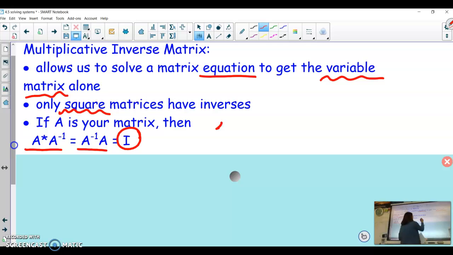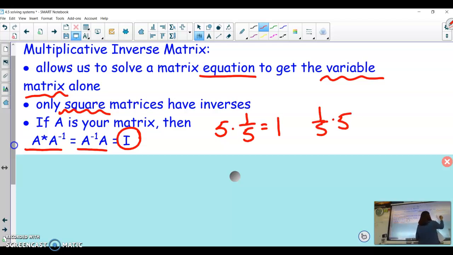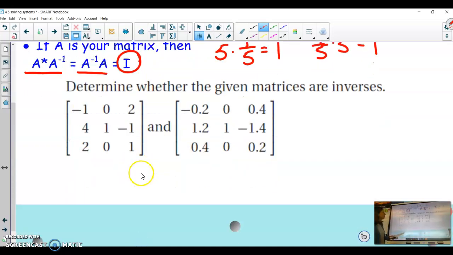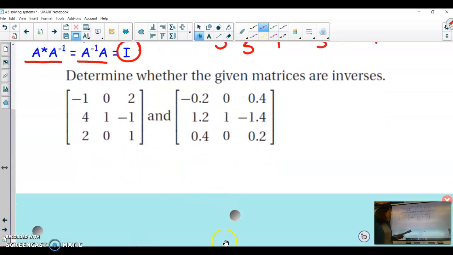It's kind of like if I take 5 times its inverse, which is a fifth, I would get 1, or a fifth of 5 is 1. Well, when I take a matrix and multiply it by its inverse, I get the matrix form of the number 1.